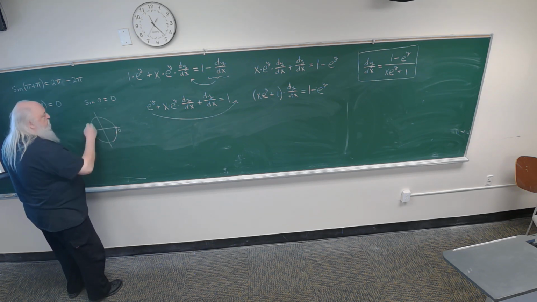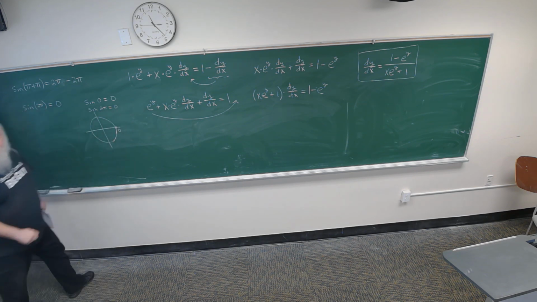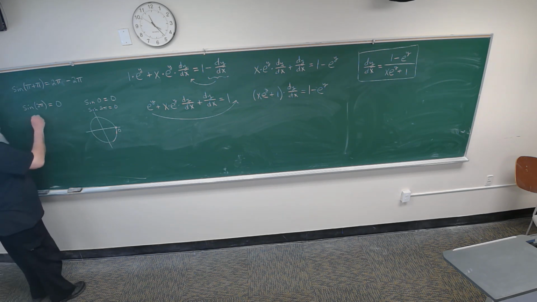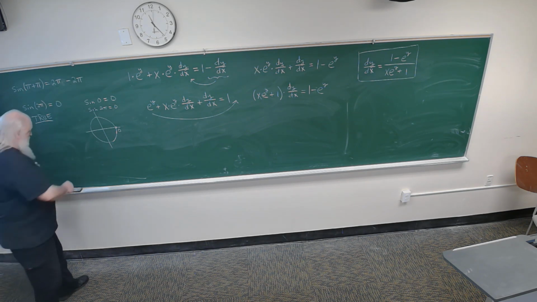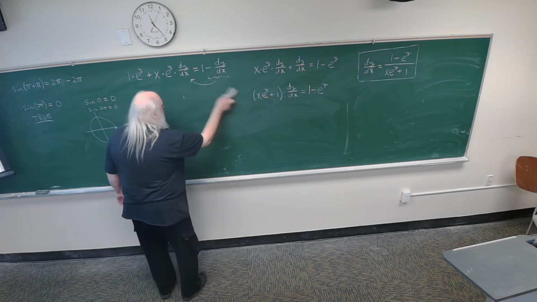So the sine of 0 is equal to 0, and the sine of 2 pi is equal to 0, because 2 pi radians just makes a circle. So this is a true statement. So the point pi pi is indeed on the graph of that equation. We don't know what the graph looks like, but we know the point is on there.